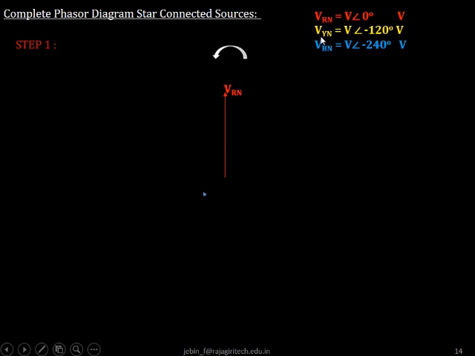So next we shall draw VYN. Remember, the angular measurement in the clockwise direction is taken as negative and angular measurement in the anti-clockwise direction is taken as positive. And this represents that the phasor is being rotated in anti-clockwise direction with the speed of omega.